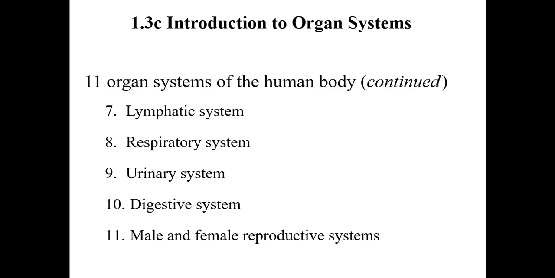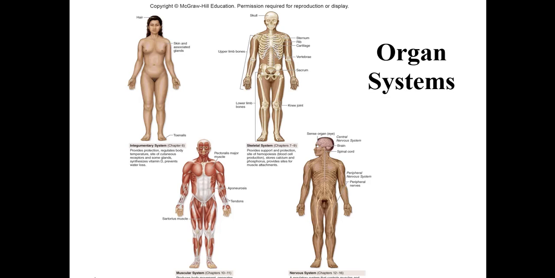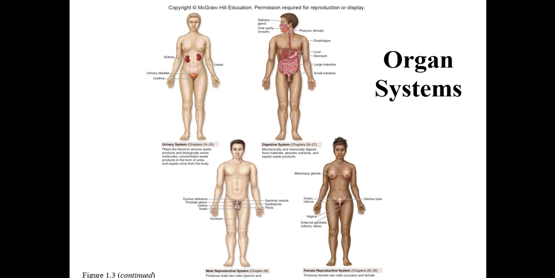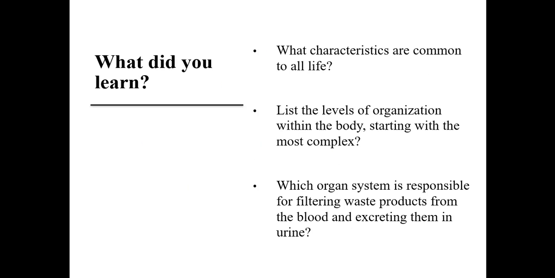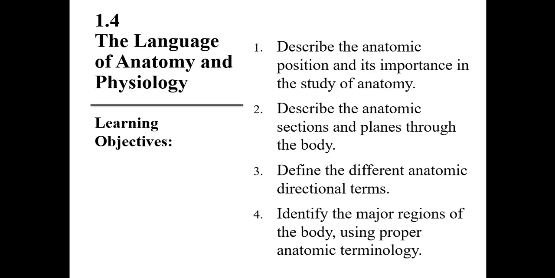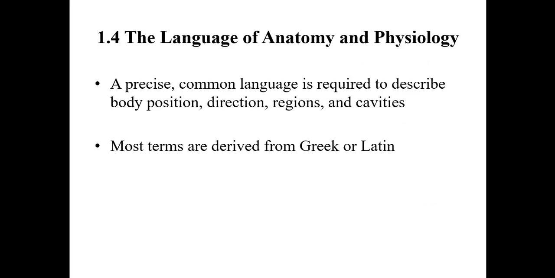So those are the 11. At least you should know that they exist. Here's a picture version. Many textbooks have this at the end of chapter 1. I don't really care for that slide.